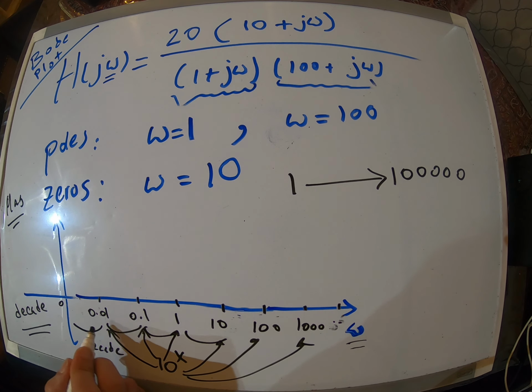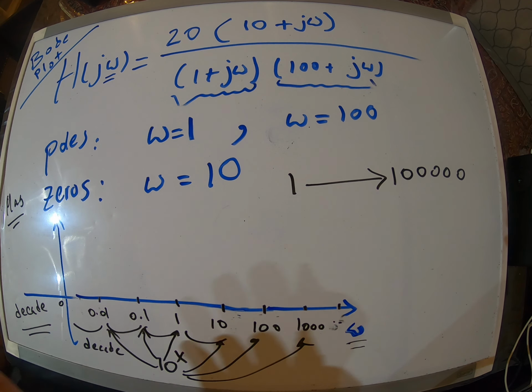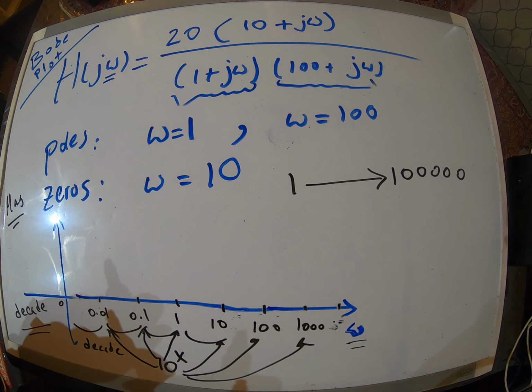The other reason that we do this logarithmically is because it's going to be easier to cascade transfer functions, and I'm going to talk about that later. This is actually for the vertical axis.